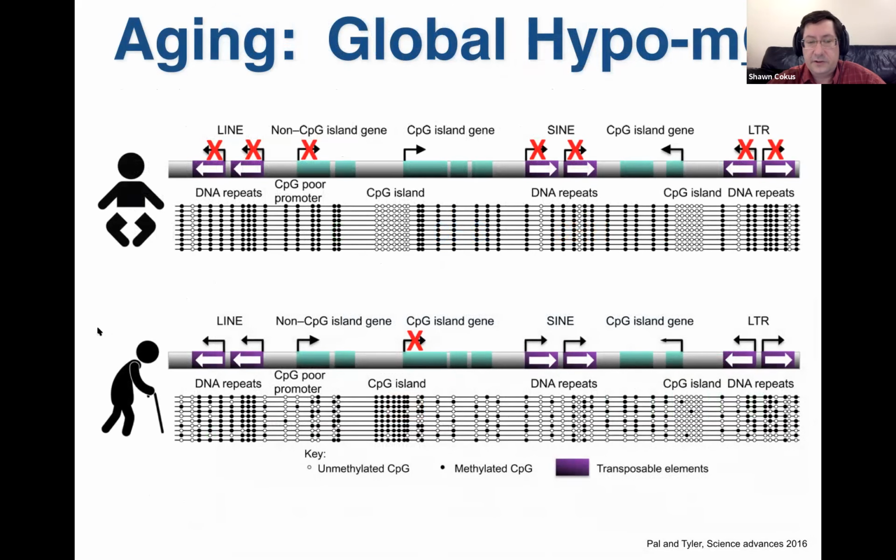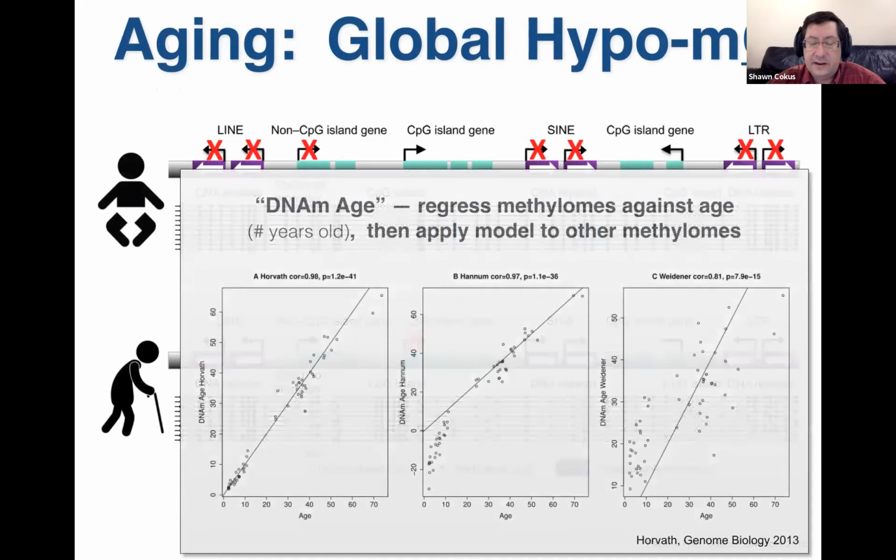As I mentioned, aging is correlated with methylation state. So as you get older, you tend to become globally hypomethylated. And that enables people to do this sort of DNA age clocking, where you can measure methylomes of people of a high diversity of ages, and then find sites whose methylation state correlates with age.